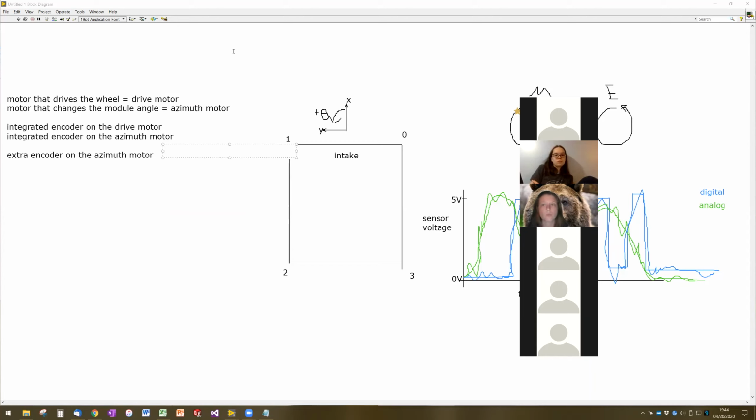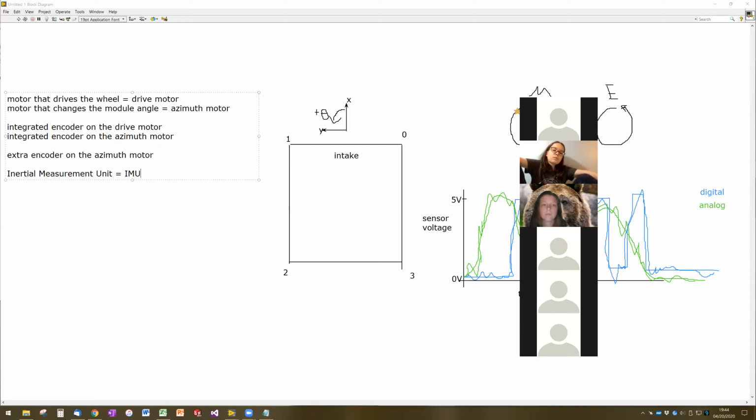And so the other one that we've got here is we need an inertial measurement unit, or an IMU. An inertial measurement unit basically measures angles. And so this allows us to know the robot's angle with respect to the field at any given time.